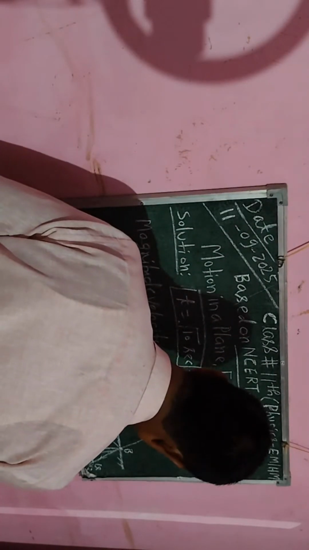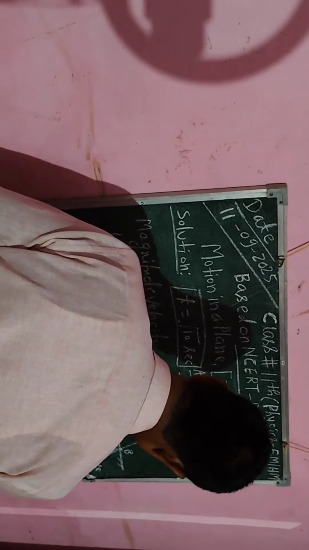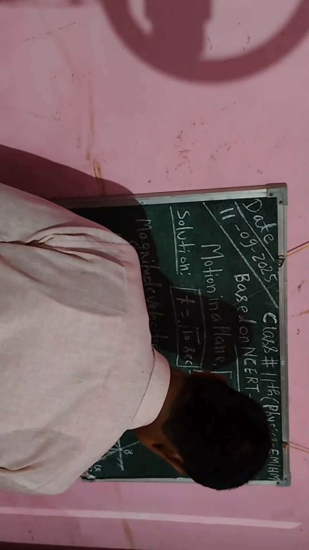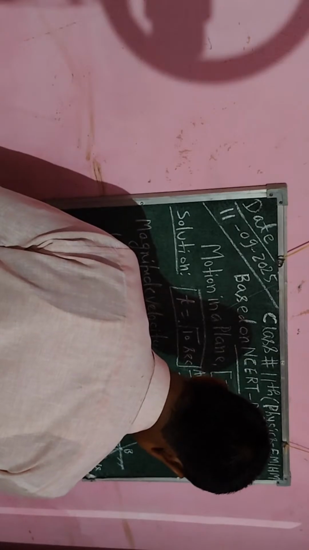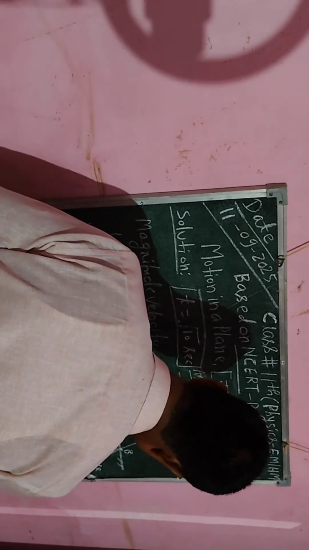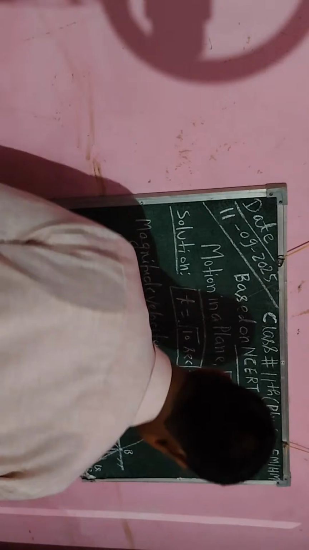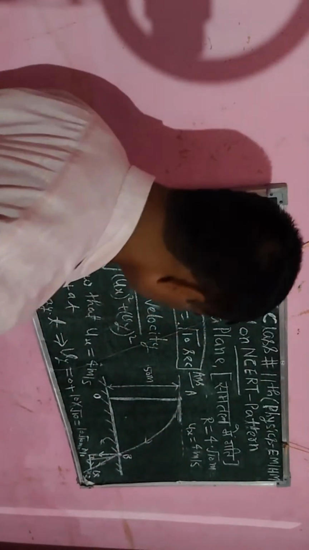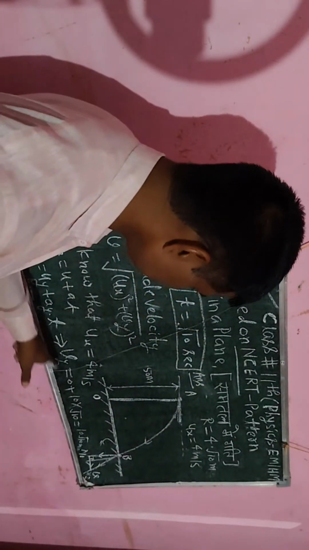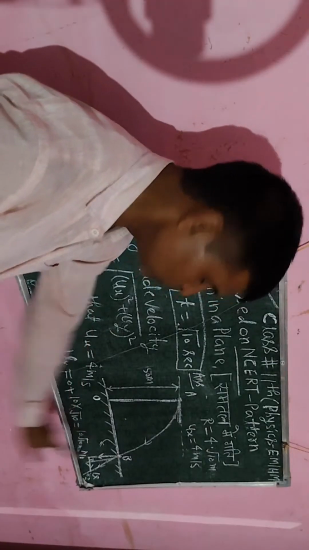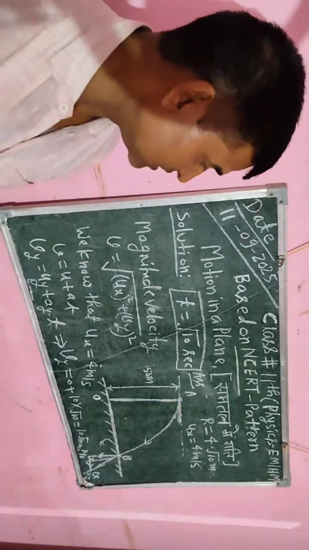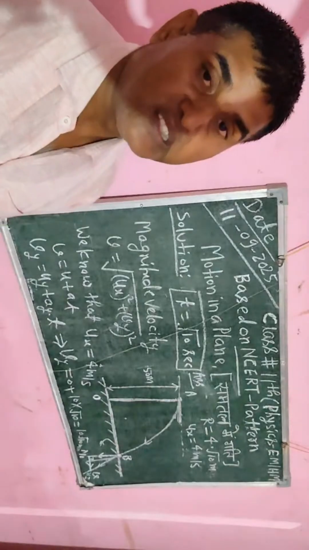So the value of t is also 10. So here I write 10 into 10. This is the velocity along the negative y axis. So Vy is 10 into root 10 meter per second. This is the velocity along the negative y axis.